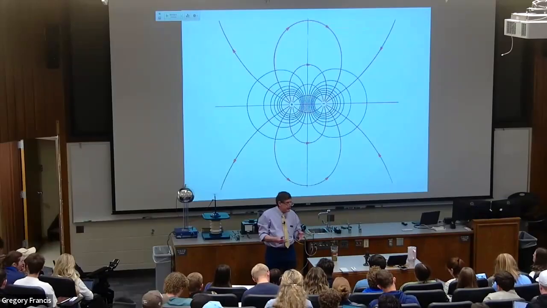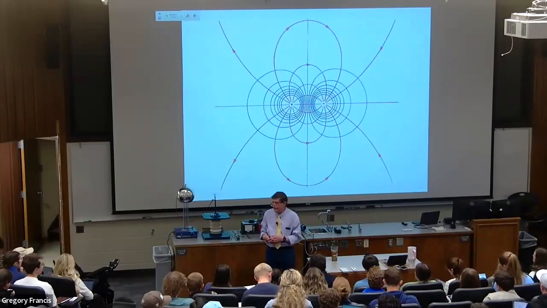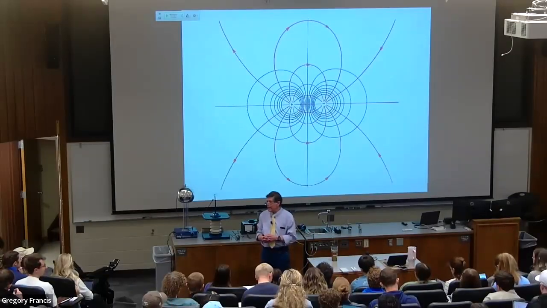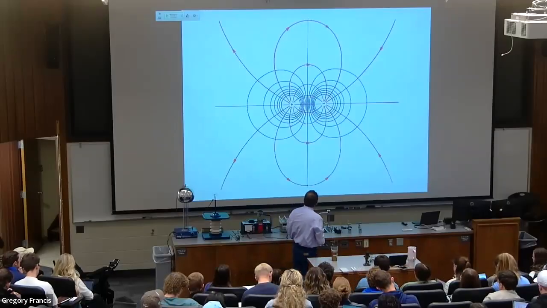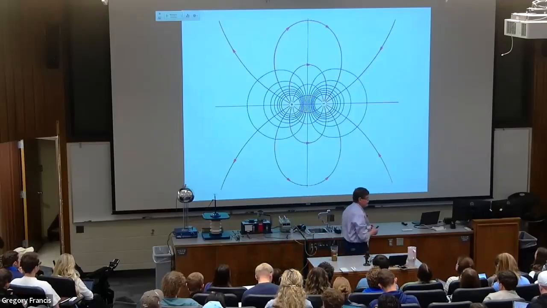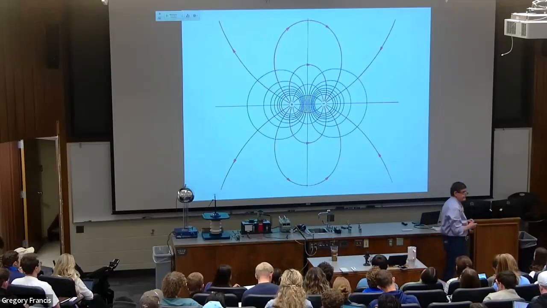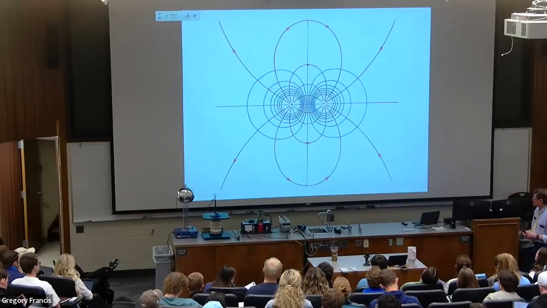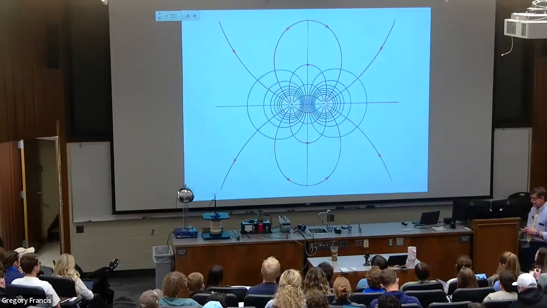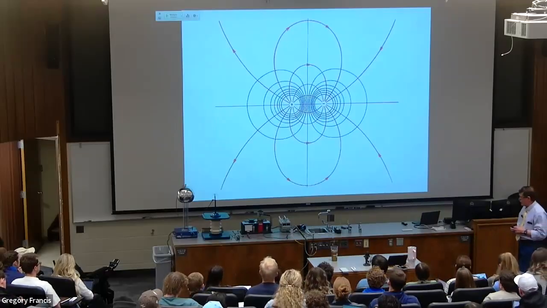A hydrogen atom would be an example of an electric dipole. What I've drawn here, the red lines are the electric field lines that we talked about earlier in this part of the class. The blue lines are equipotential lines, equal potential or equal voltage lines.